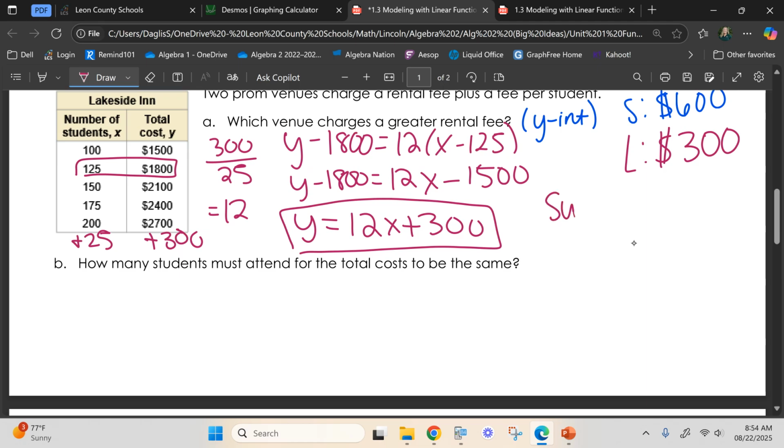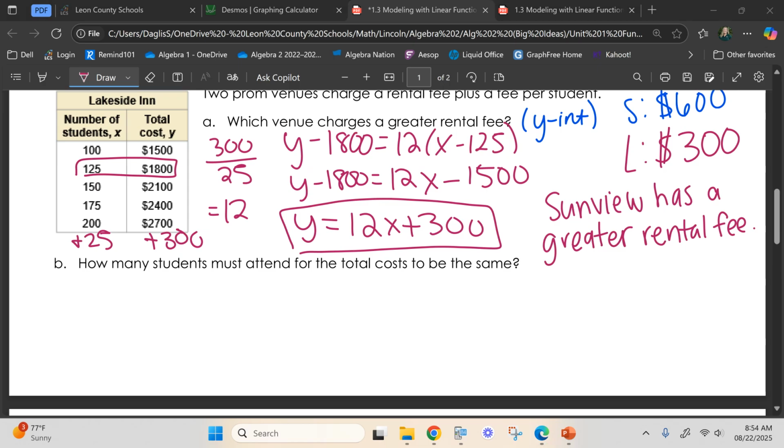So Sunview has a greater rental fee. Word problems get word answers, right? There we go.